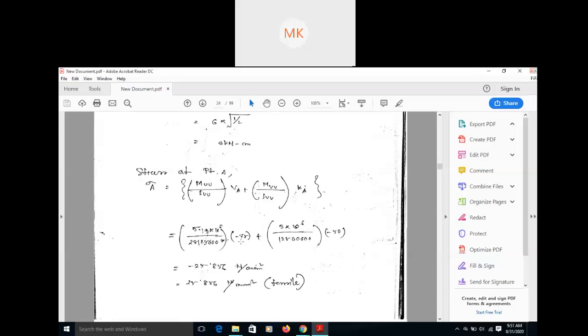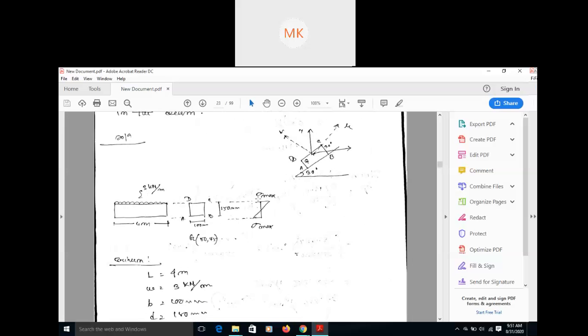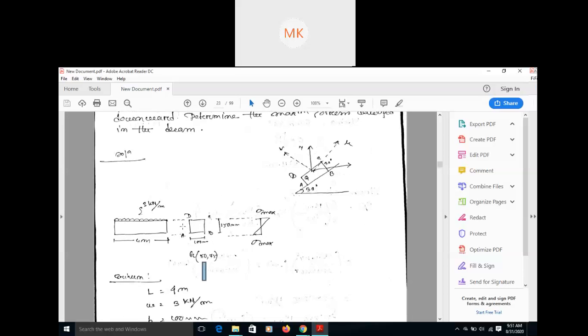Okay, so it is simple. You just see where is your A point. If you draw the x and y axis along this, okay, see, if you draw these two axes here, this is your x suppose, and this is your y.